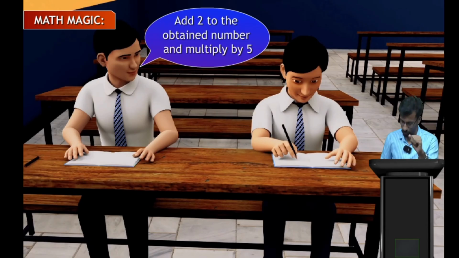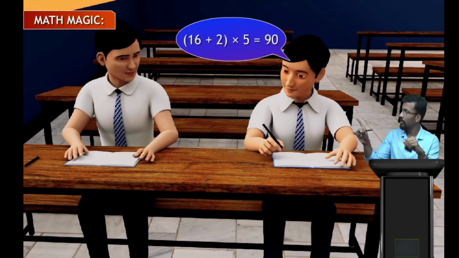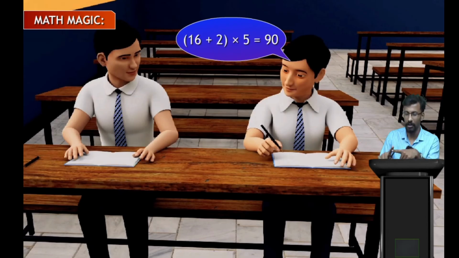Firstly he said 8, then he multiplied it by 2, so we get 16. Then we add 2, so 16 plus 2, and then multiply it by 5, so (16 + 2) multiplied by 5 gives us 90.